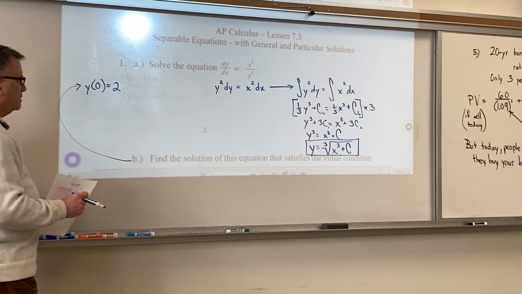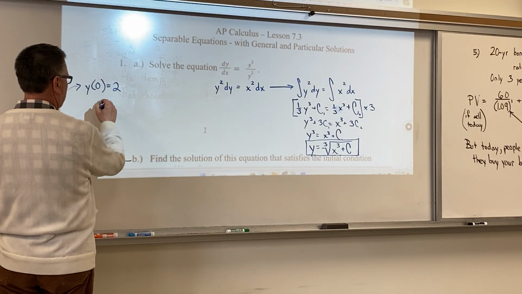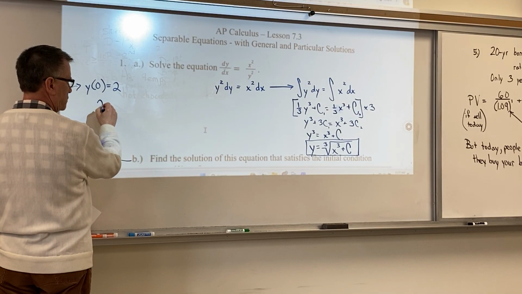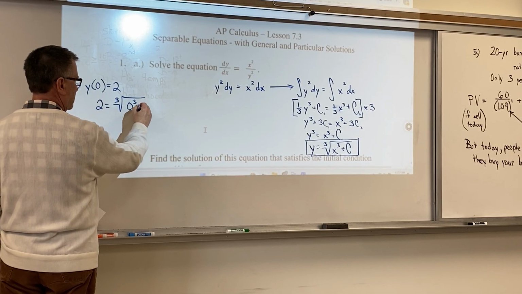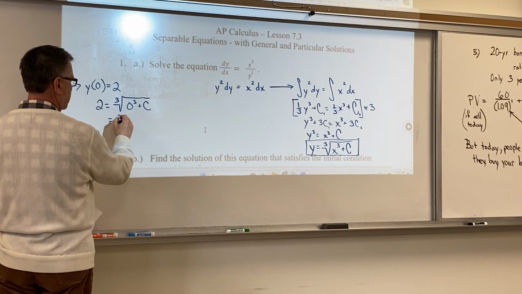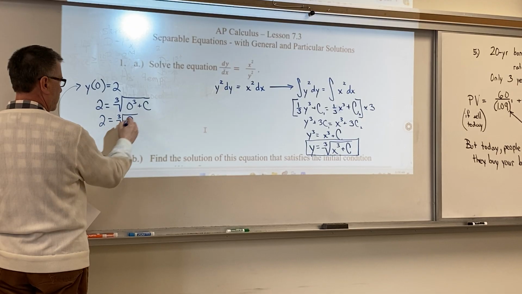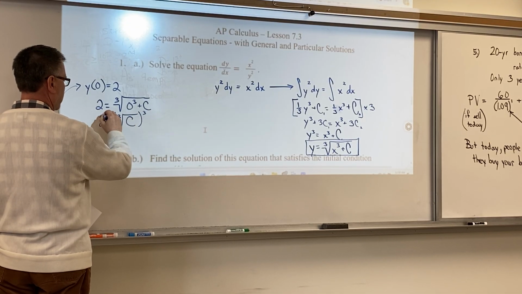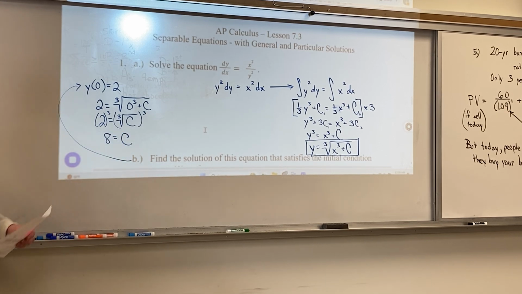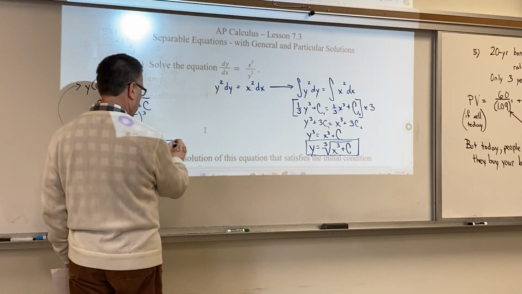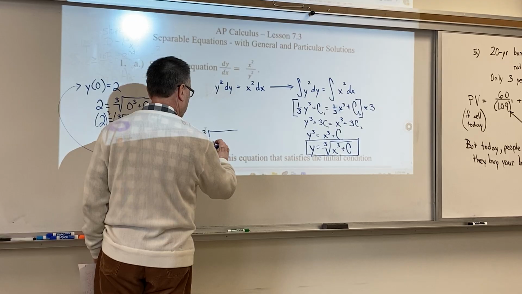Yeah, because if x is 0, what's the cube root of 8? Is it 2? Yeah. So y of 0, 2 would have to equal the cube root of 0 cubed plus c. So basically the cube root of some number has to equal 2. And if I raise each to the 3rd power to get rid of the radical, c would have to be 8. So my particular solution, if I have enough information, would be y equals the cube root of x cubed plus 8.